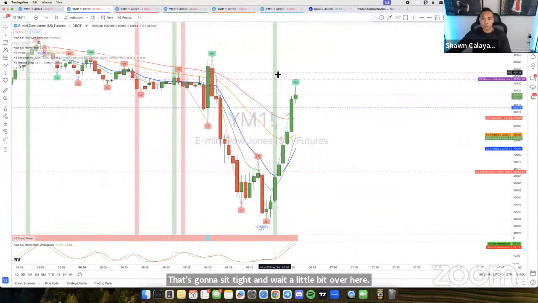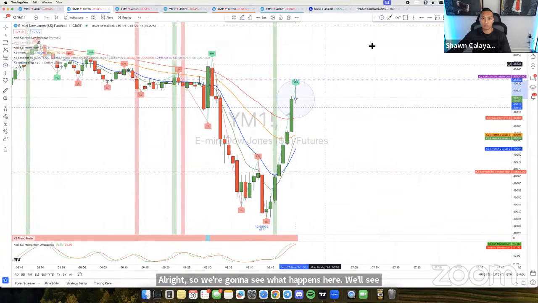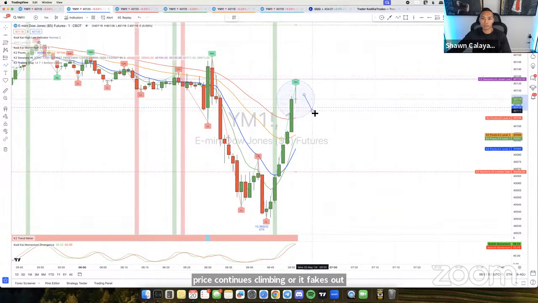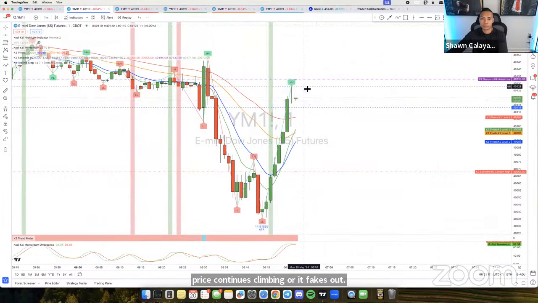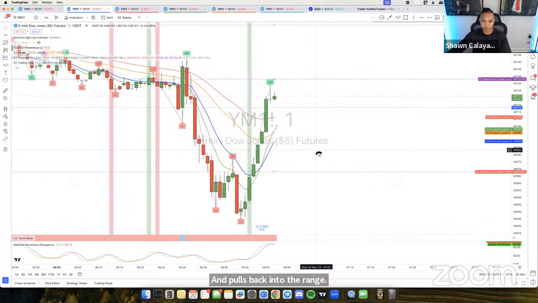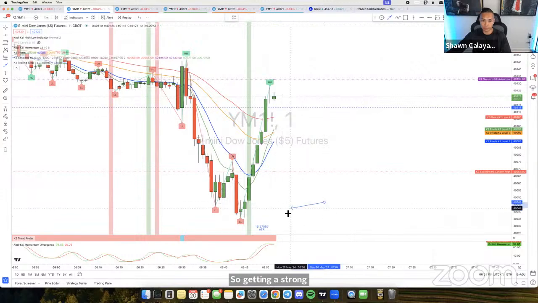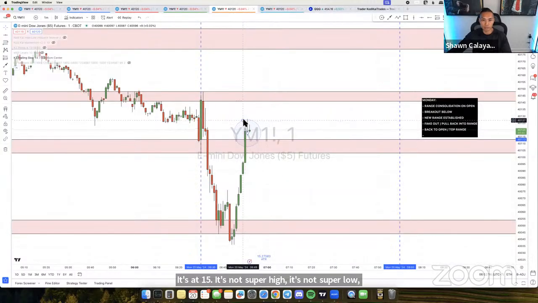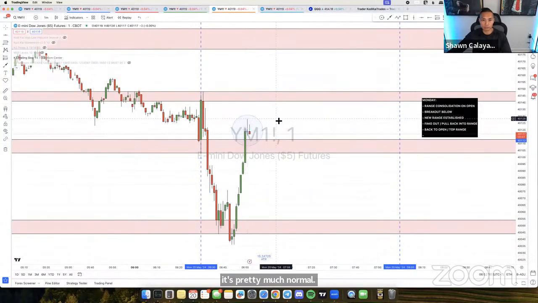All right, so we're going to see what happens here. We'll see if price continues climbing or if it fakes out and pulls back into the range. So we're getting a strong bullish push over here. The ATR is pretty decent. It's normal right now. It's at 15. It's not super high. It's not super low. It's pretty much normal. But like I said, look out for the possible fake out right here.